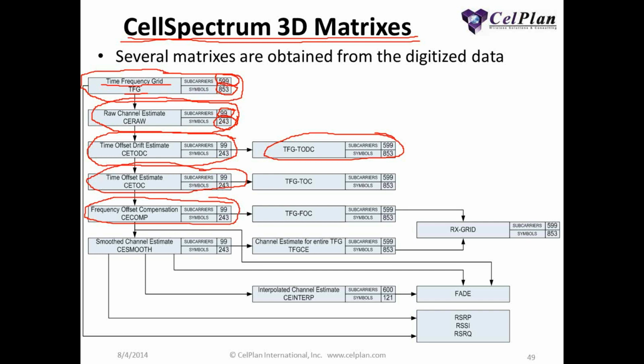But the channel estimate is still a little bit prejudiced, because we had fadings, and some of the resource elements that carry the reference signals may still be subject to large fading. So we do a smoothing of the channel estimate by interpolating between adjacent reference signals, and that smooths the fading a little bit.